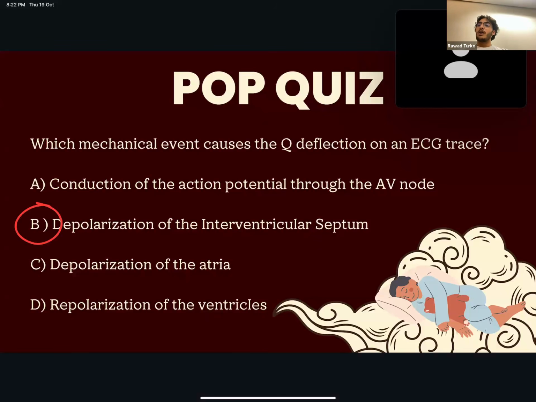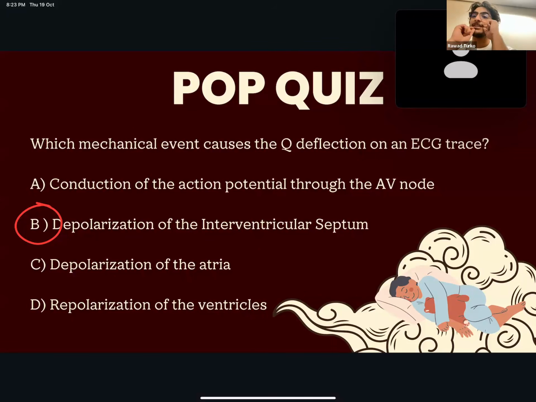Now, here's a tiny pop quiz since you're with me. What would cause conduction of the action potential through the AV node? What would that cause on the ECG? What would that spread of action potential from the SA node through the AV node be?